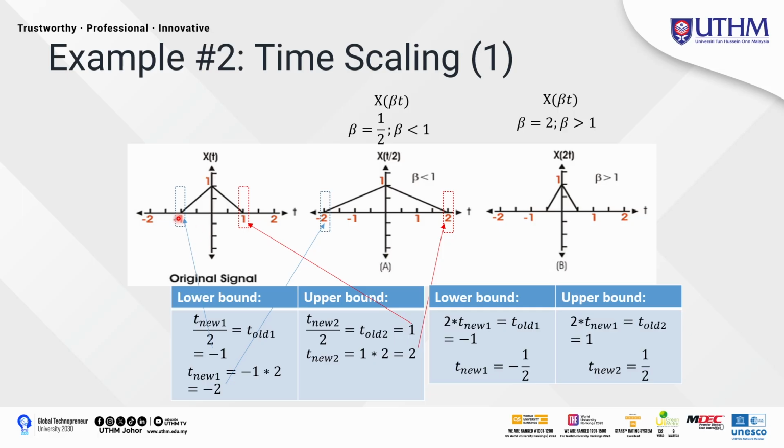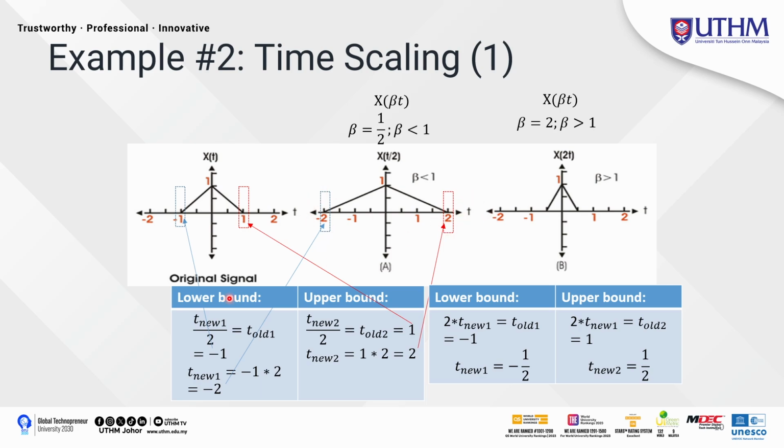Here we want to find the lower bound. The old location is -1, so we put -1 here. So the new location of the lower bound is -1 times 2, so you get -2. Then what about the upper bound? Normally the left hand side we name as the lower bound, and the right hand side we name as the upper bound.